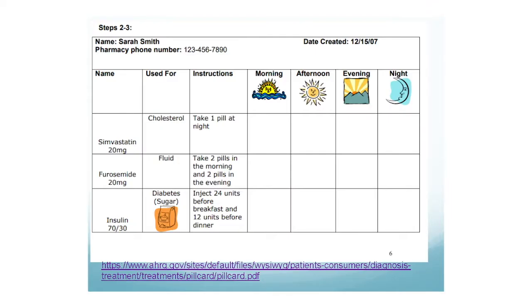So say their neighbor is really good at helping them understand their glucose or whatever they have to. Then put that number for the neighbor on there so that it's right there when they look at it. Put the date that it was created so that if somebody else looks at it, you have an idea of when it was put together.